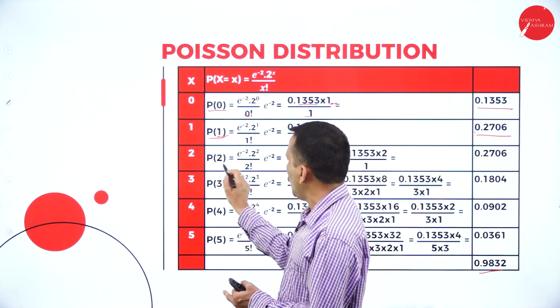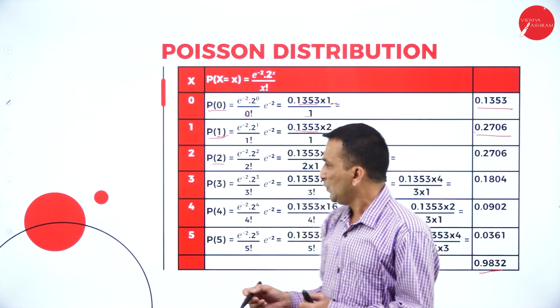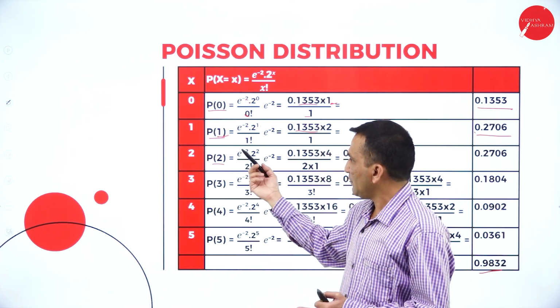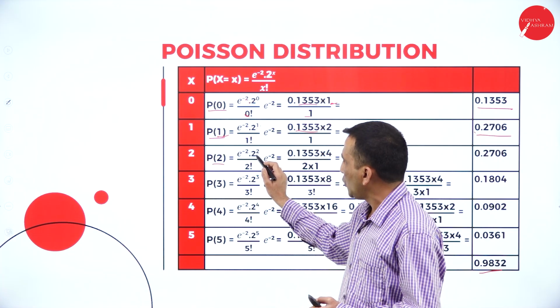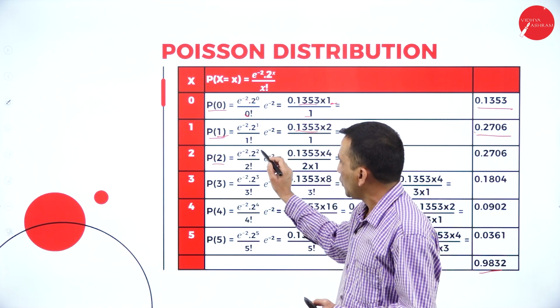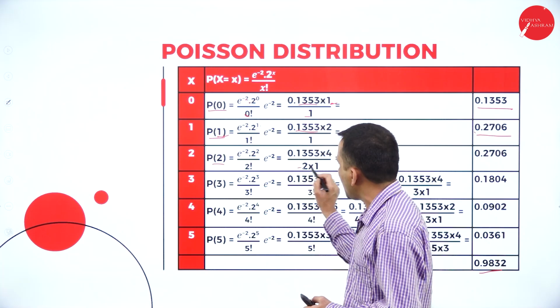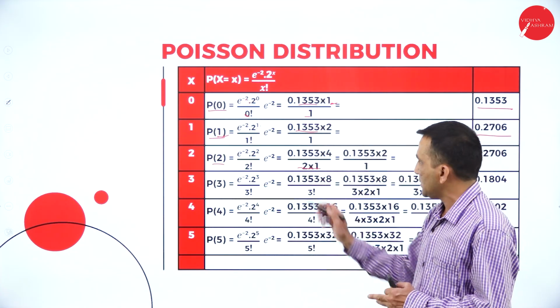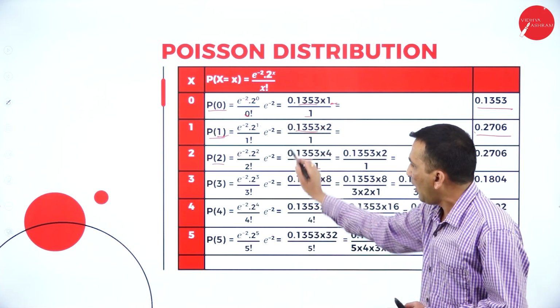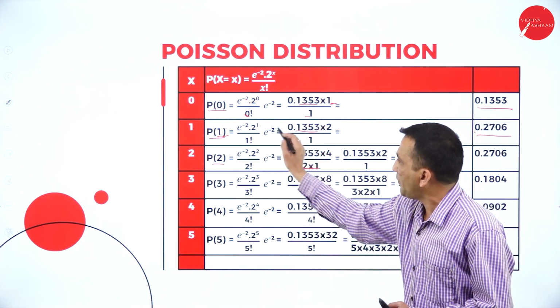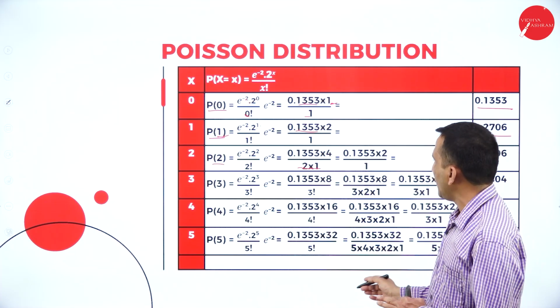Going to the next Poisson variant, 2, P of 2. e to the power of minus lambda, and 2 to the power of 2, because the lambda value is 2, so 2 into 2 is 4, over 2 factorial, which we need to extend like this. 2 into 2 is 4, and the e to the power of minus value is the same constant for all the variants.